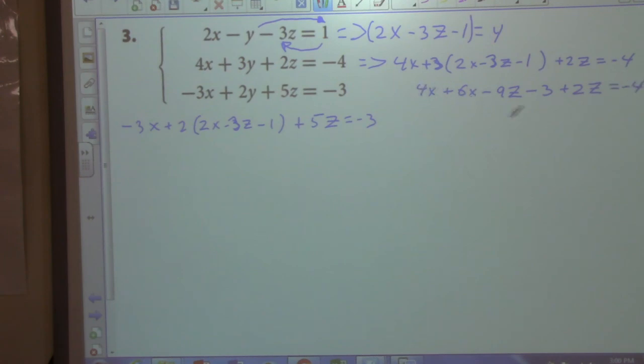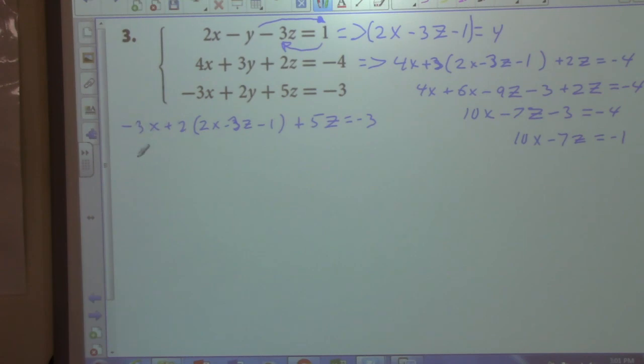And just combining the like terms, we get 10x, and then negative 9z plus 2z is going to be minus 7z, minus 3 equals negative 4. And then adding 3, we got 10x minus 7z is equal to negative 1. Is that right?